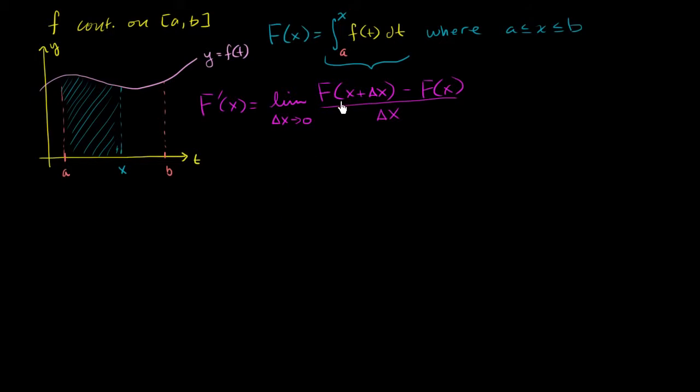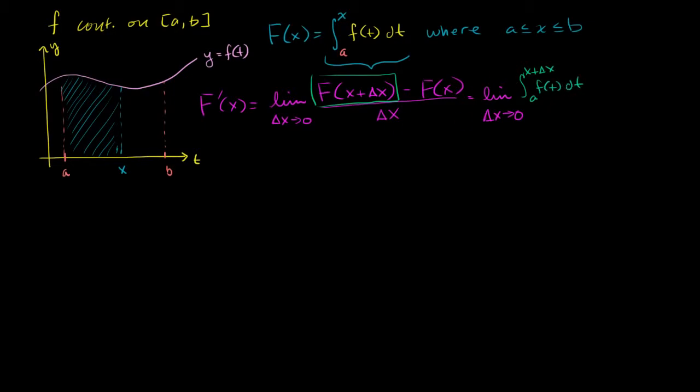Now, what is this equal to? Well, let me rewrite it using these integrals right up here. This is going to be equal to the limit as delta x approaches 0 of, what's capital F of x plus delta x? Well, put x in right over here. You're going to get the definite integral from a to x plus delta x of f of t dt.